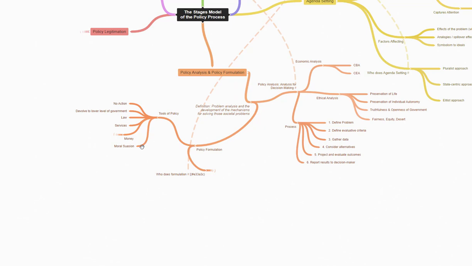I'm going to skip money for a second and go down to moral suasion. Moral suasion is government can simply use the bully pulpit. They could ask people to change their behavior. A good example of this was during the droughts of 2015 to 2018 in the state of California.